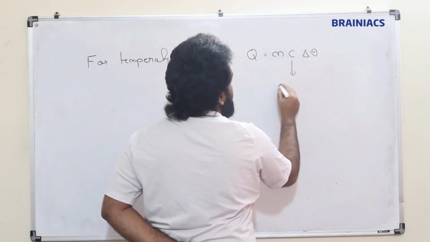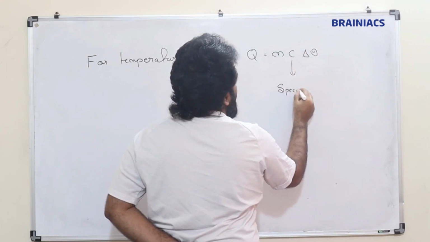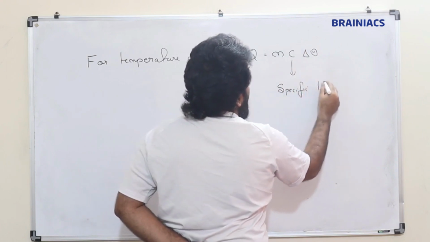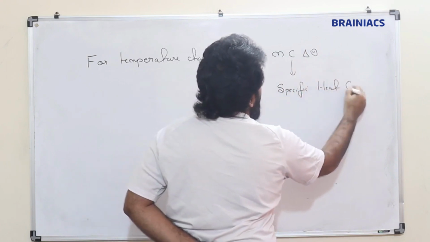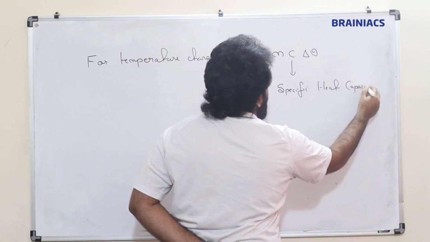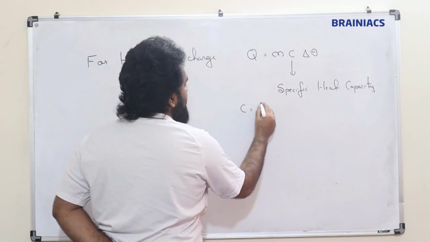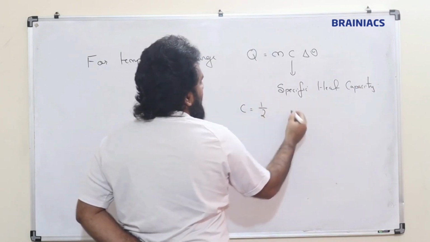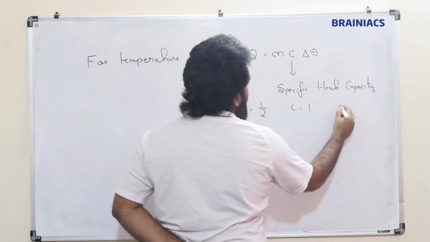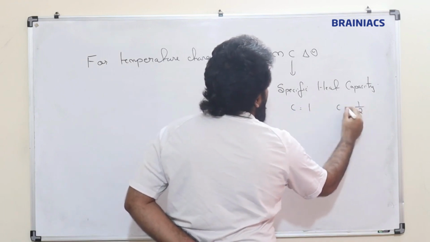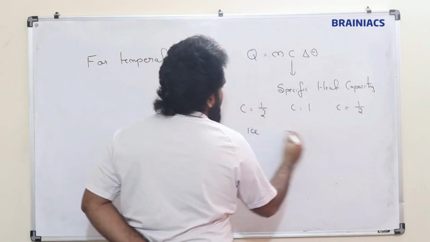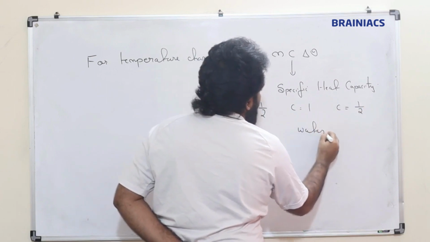What is this? This is specific heat capacity. So C is equal to 1 by 2, C is equal to 1, C is equal to 1 by 2. This is for ice, water, steam.